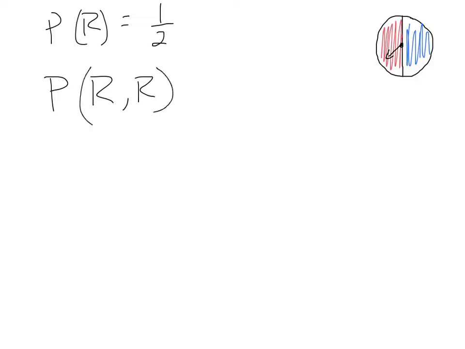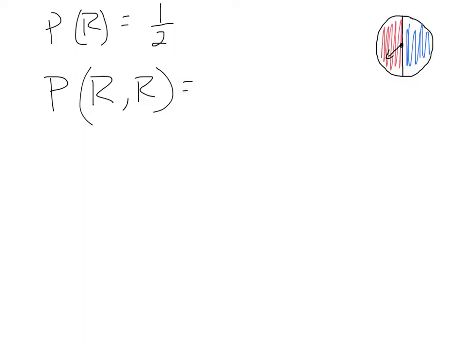Here's another spinner. You've got half of it red and half of it blue. What's the probability of spinning and getting a red? 1/2, of course. Now, what's the probability of spinning and getting a red and then a red? A little different here.